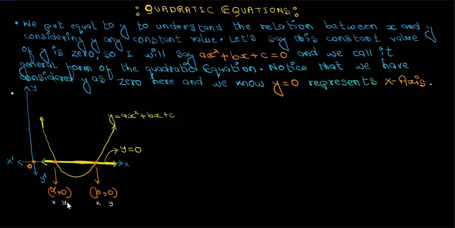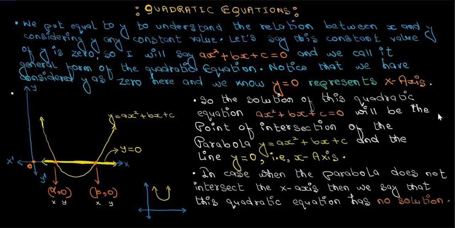So there are two x values and two y values, and both the y values are 0. So the solution of this quadratic equation ax square plus bx plus c equal to 0 will be the points of intersection of the parabola y equal to ax square plus bx plus c and the line y equal to 0, that is the x-axis.